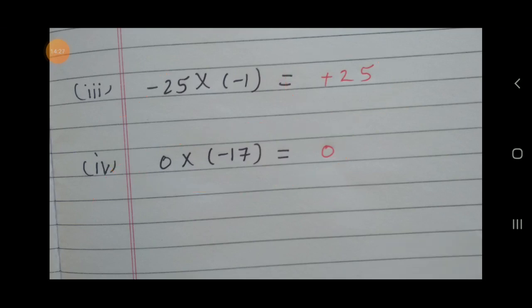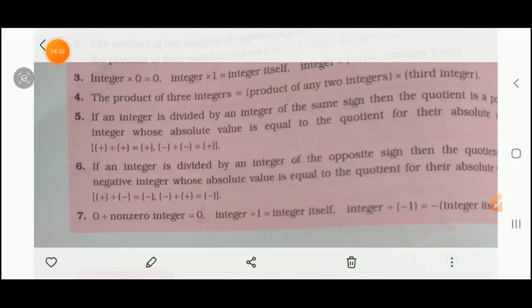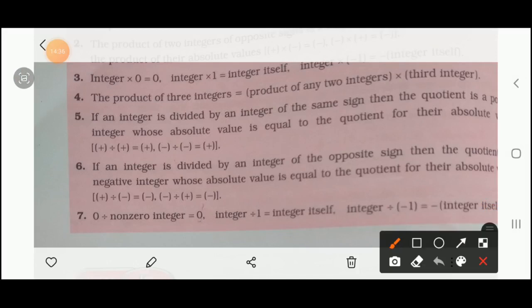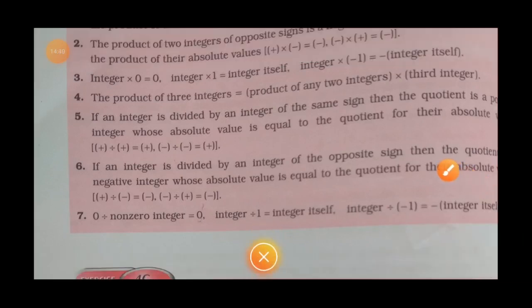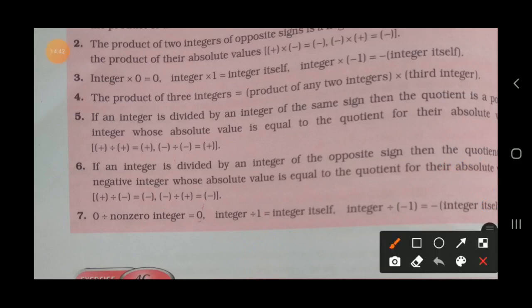Once again come to the rules. Here are some rules that you have to learn. In question you can use this: plus divided by plus, plus you will get. Minus divided by minus, then plus you will get.